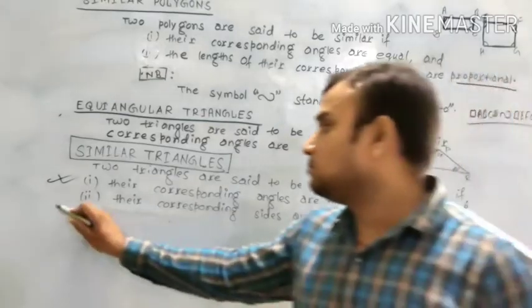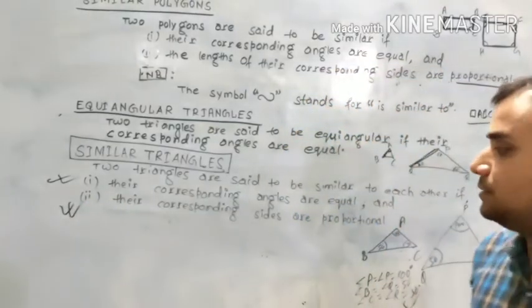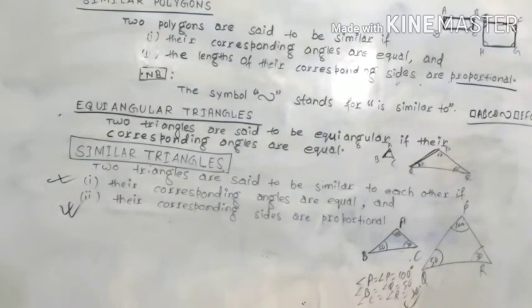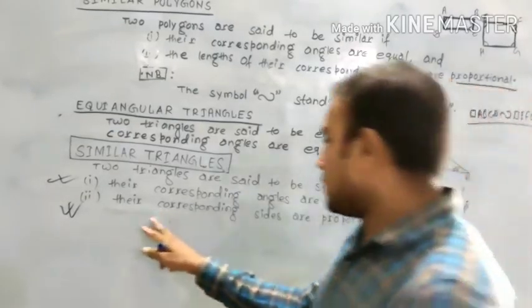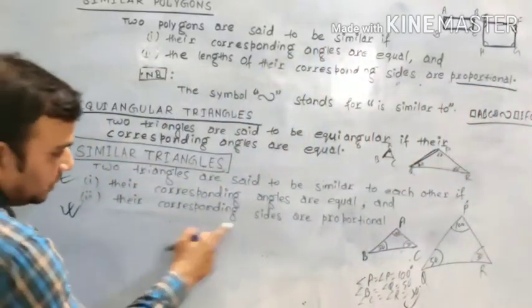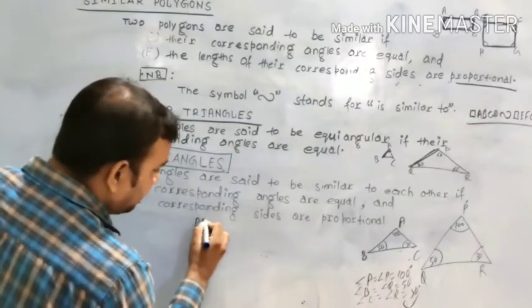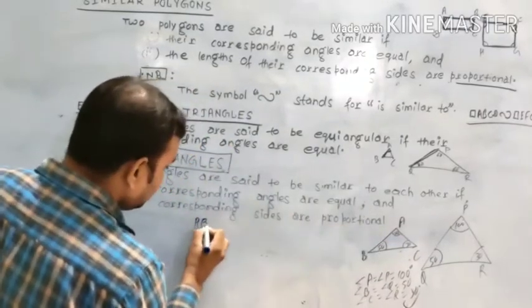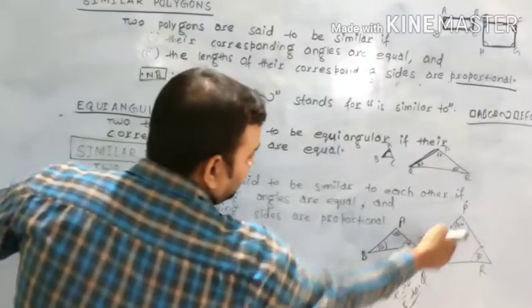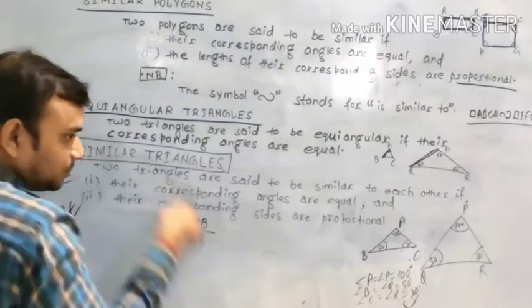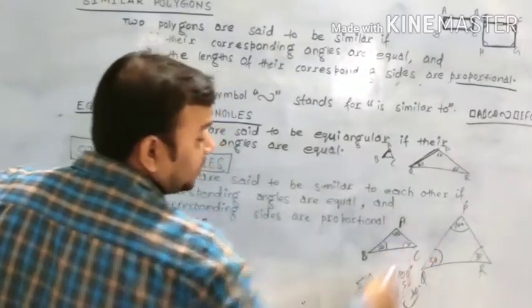And the second point, their corresponding sides are proportional. Dear student, we already discussed proportional. Here their corresponding sides are proportional. That means AB by PQ, because the corresponding side of AB is PQ.